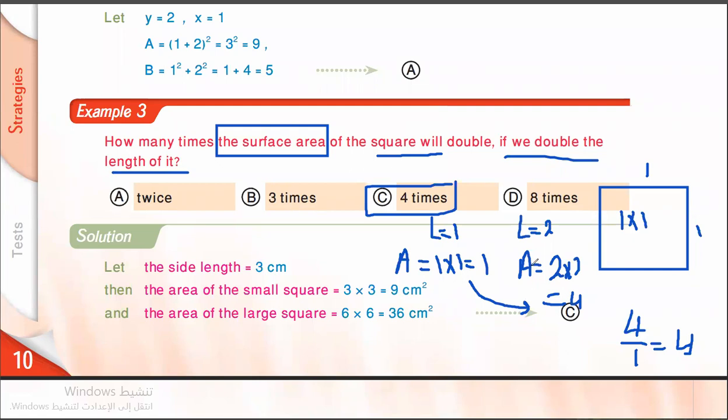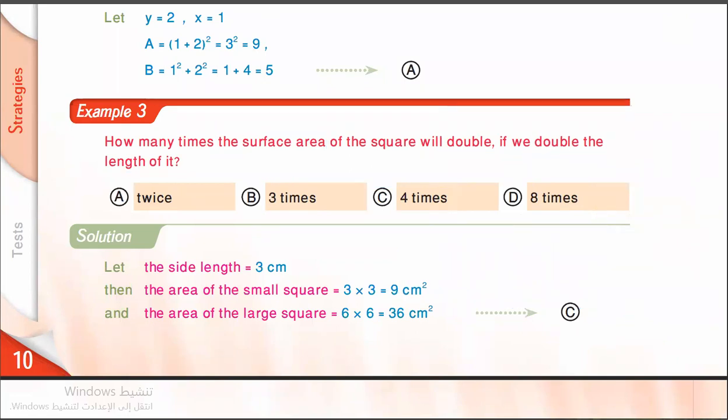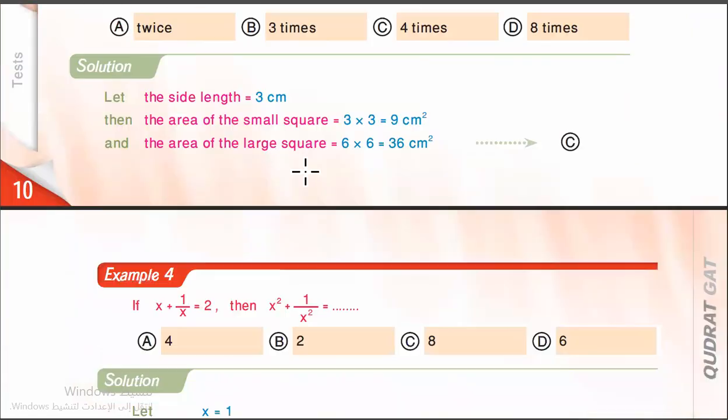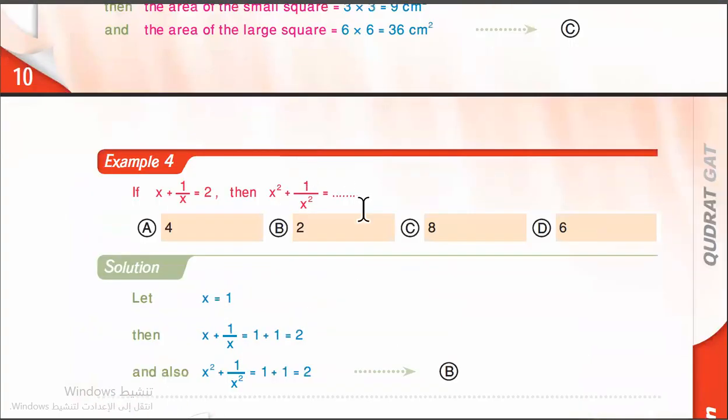Do you see? Is it clear? Zainab Rubah, is it clear? Yeah, the last question now, in example 4. That's the first strategy. Okay, if I have x plus 1 over x equals 2, then x squared plus 1 over x squared equals what? What will I do?